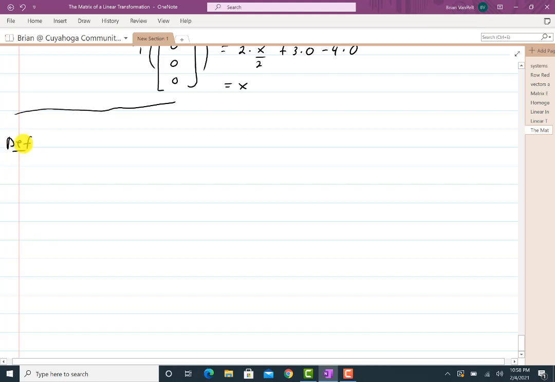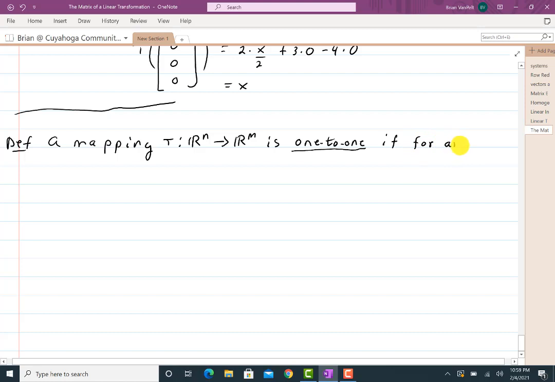And then what's usually given as a companion to that is the following: a mapping T from Rn into Rm is 1 to 1 if for any u, v in Rn where T of u equals T of v, then u equals v.